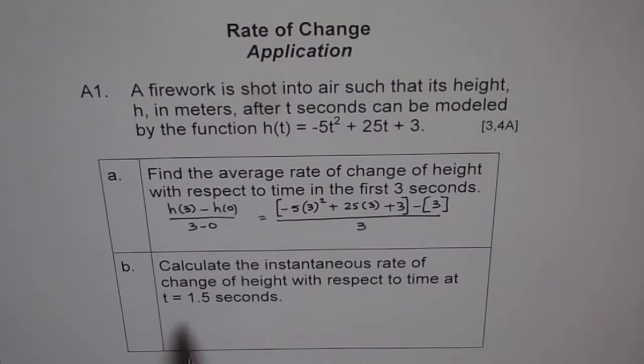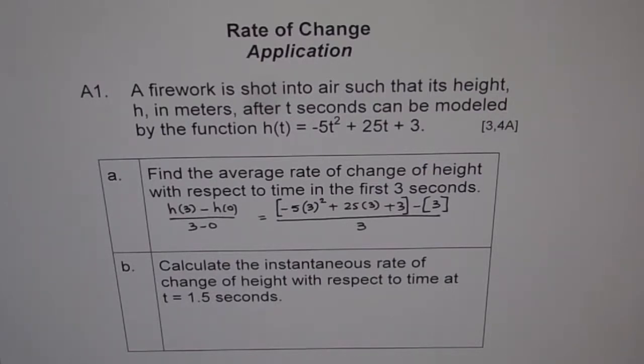Now part 2 is calculate the instantaneous rate of change of height with respect to time at t equals 1.5 seconds. My suggestion here is that when you have to find instantaneous rate of change at just 1 point, it is better to use centered value. Centered value, it's a continuous function.